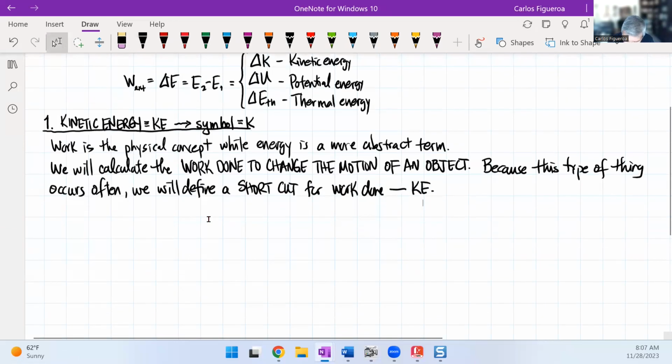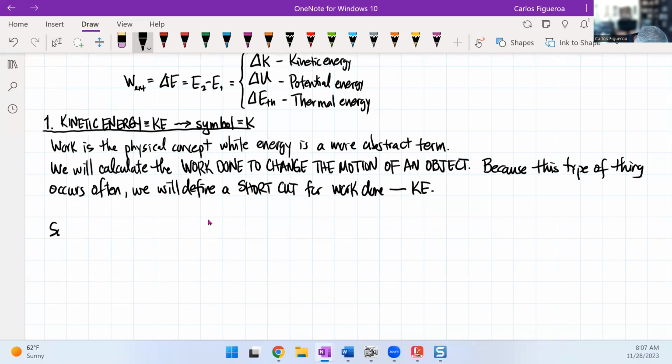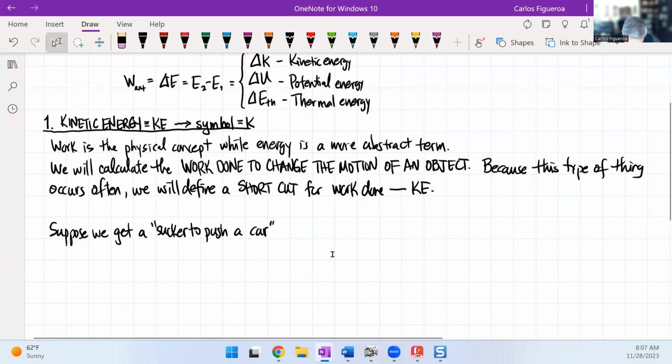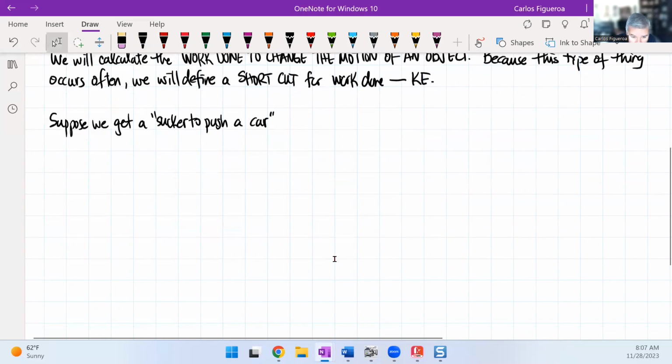So as an example, suppose we get a sucker to push a car. I envision that I have a car.